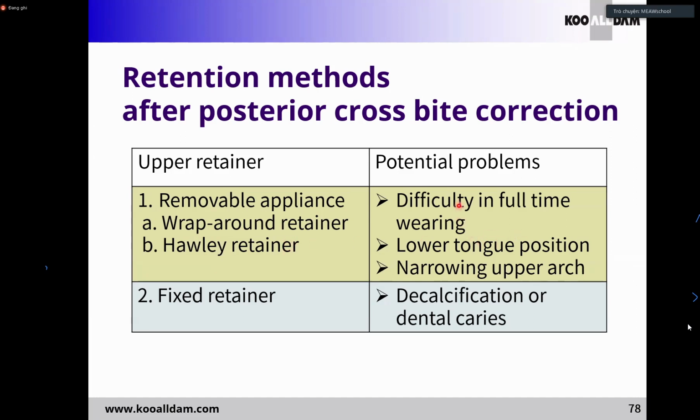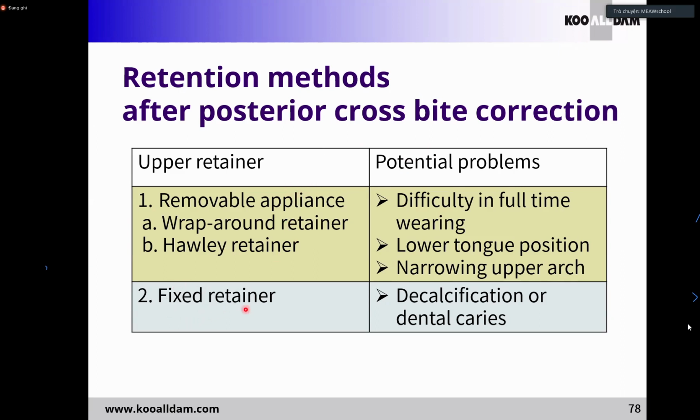I think these are the main potential problems: difficulty in full-time wearing, it may cause low tongue position and also narrowing of the upper arch. In this case, we may use TPA and lingual arch in the upper arch.